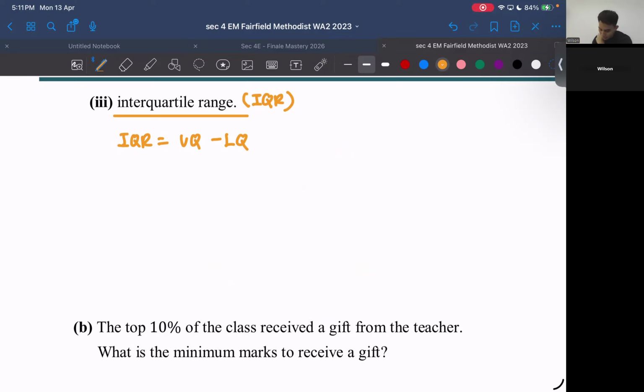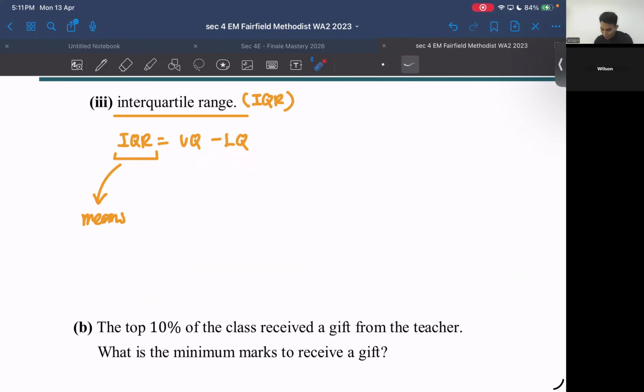Now, there is something special about the interquartile range, right? So can I ask Davina? Davina, do you remember anything about interquartile range? What does it measure? Something to do with difference.